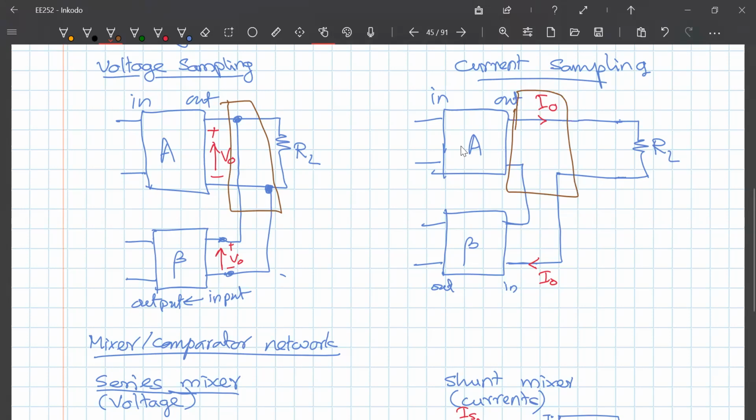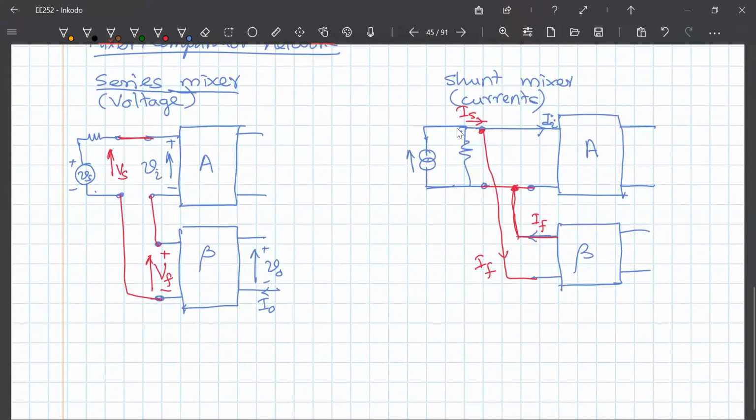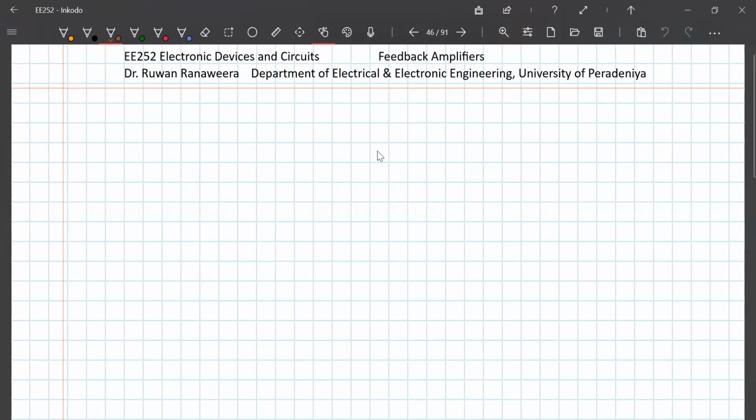So that is basically the sampler network, and this is the mixer network. Okay, so this is basically nothing but how you connect those. That's all, right? So inside these boxes, what you have is either a shunt connection or a series connection. That's all. All right.